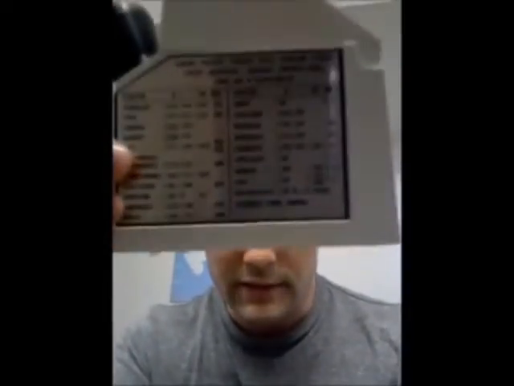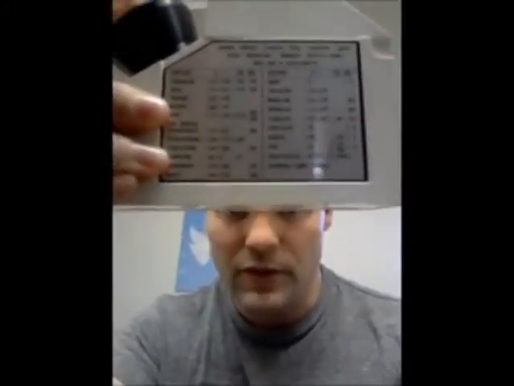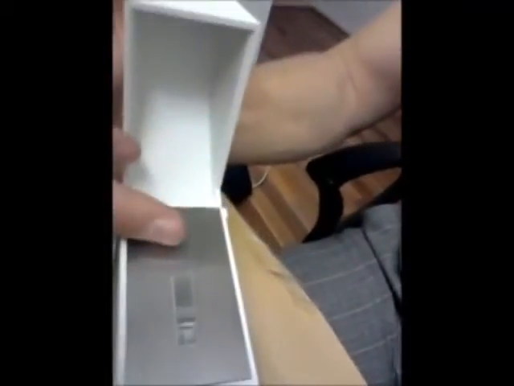So on the side of my refractometer here, there's a list of all the common gems, not as many as my list, but there's a lot there. And if we have a look at the refractometer, what we see is a little plate where we put our gems on here.